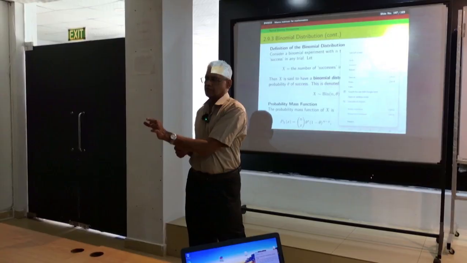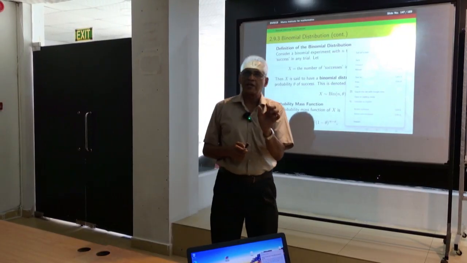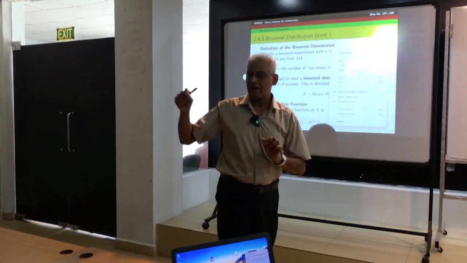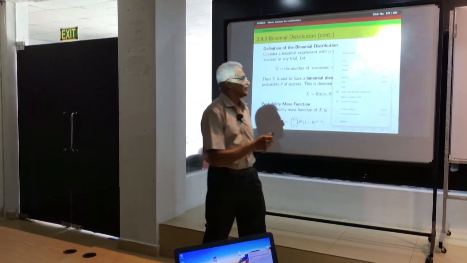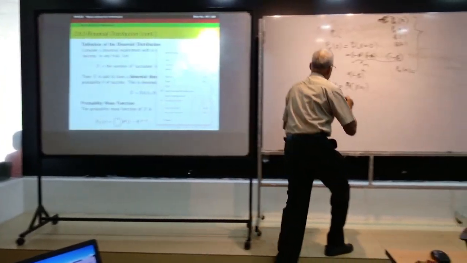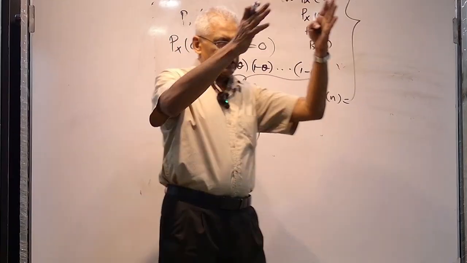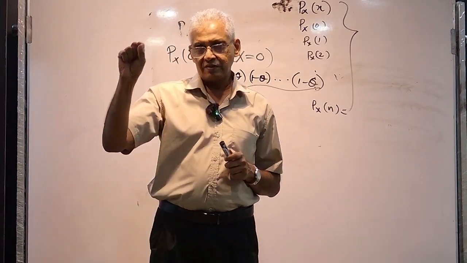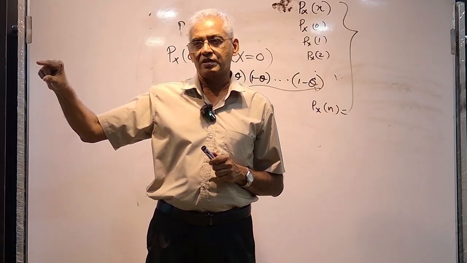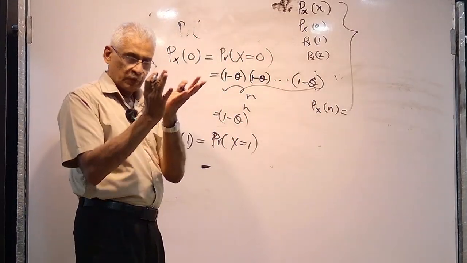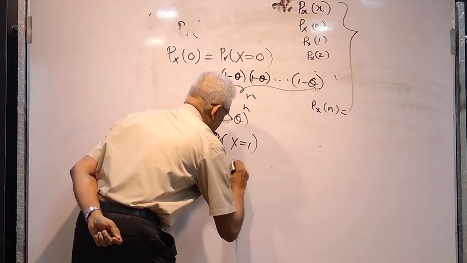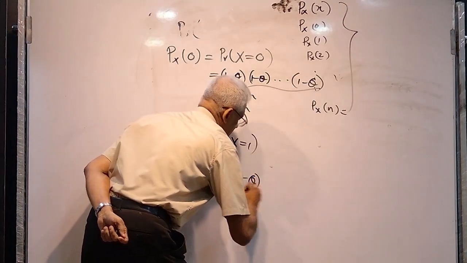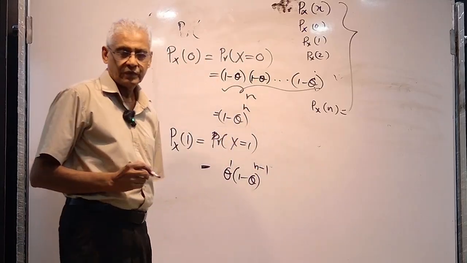If the second one is the success, then first one is a failure and second one is a success and third one is a failure, and so on. So within any one possibility, there is one success and n minus one failures. So for one possibility, there will be theta to the power 1 times (1 minus theta) to the power n minus 1.